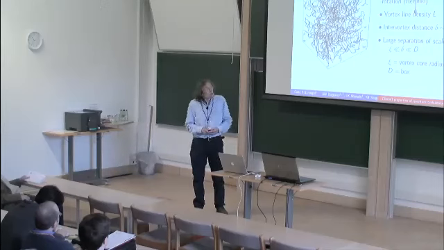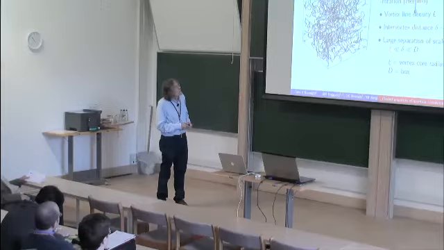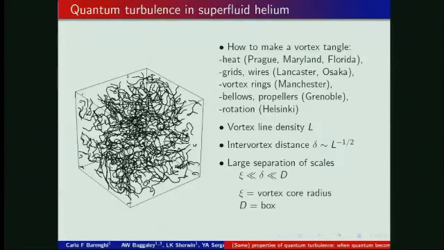That can be centimeters. So we have many, many orders of magnitude in going from the core thickness to the intervortex distance to the system size. Therefore, it makes sense in some numerical simulations to think of our vortices as one-dimensional objects without any thickness.